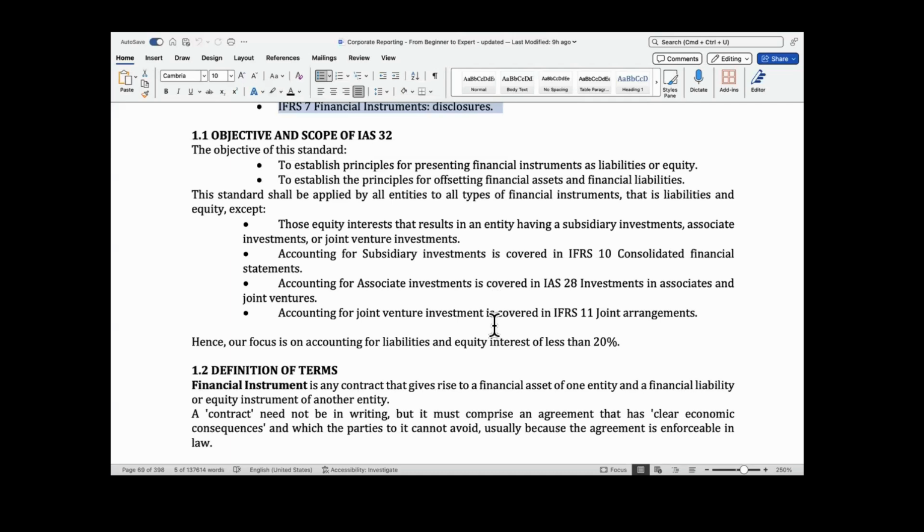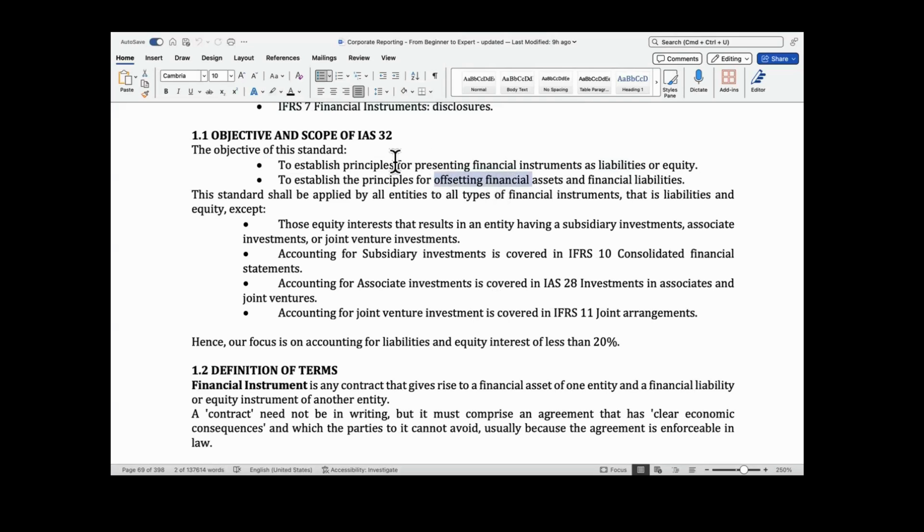So let's start with IAS 32. Like I've mentioned, IAS 32 will teach us how do you present, how do you classify a financial instrument either as liability or equity? And we'll also look at possibility of offsetting a financial asset and a financial liability.